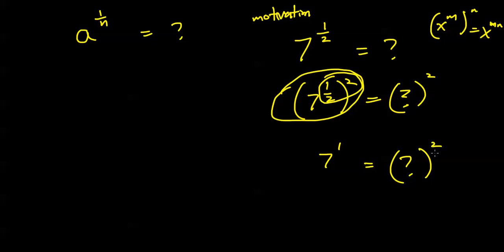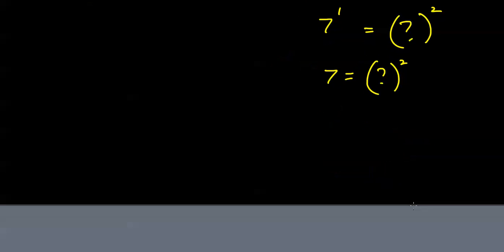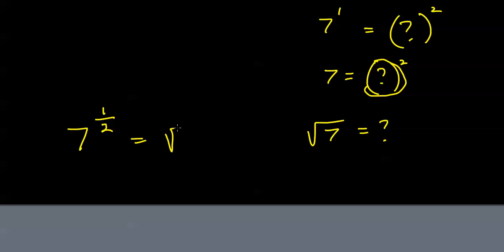So that tells me question mark squared equals 7 to the first power. Well, of course, 7 to the first power is just 7. So if question mark is the quantity I squared to get 7, that means question mark is the square root of 7.